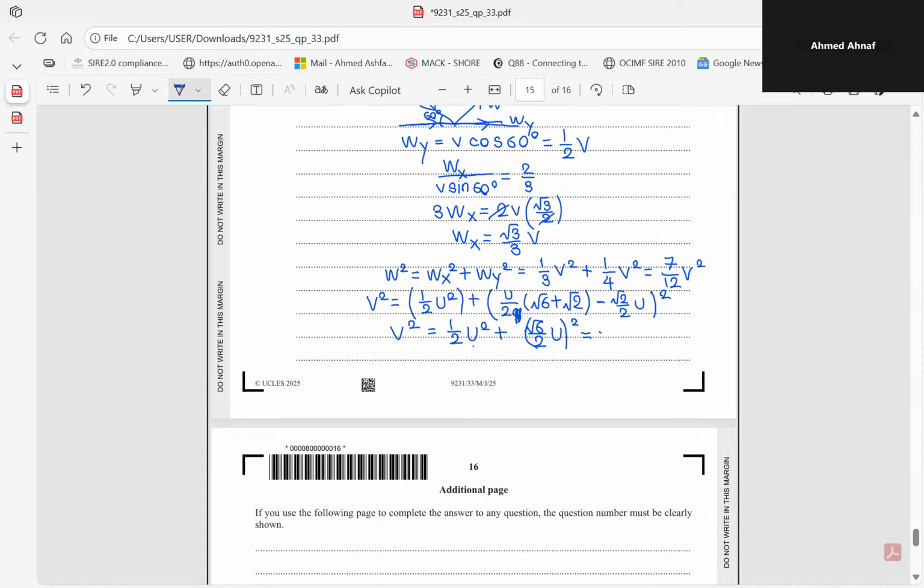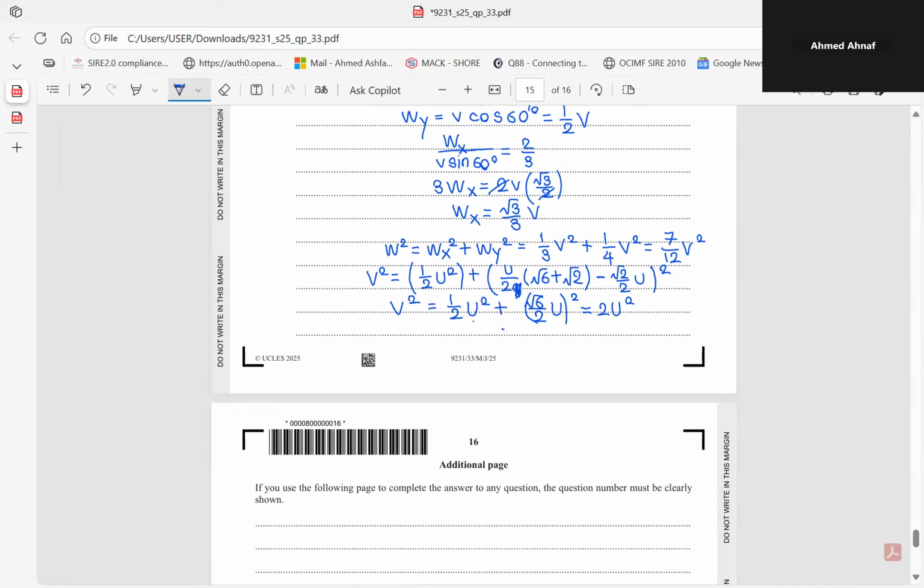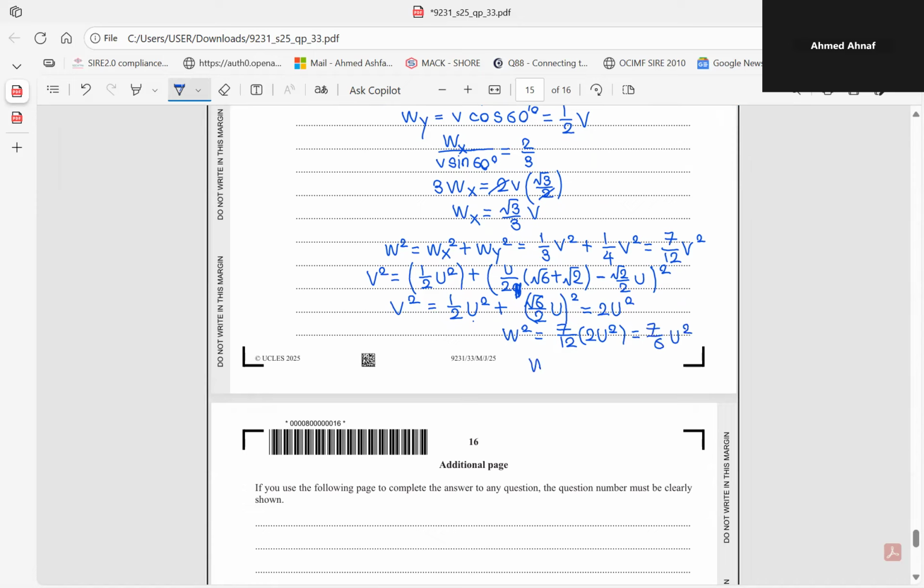You get 2 U squared. So W squared is just 7 over 12 times 2 U squared, which is 7 over 6 U squared. So W is just square root 7 over 6 U.